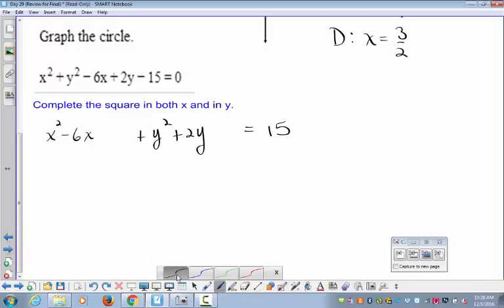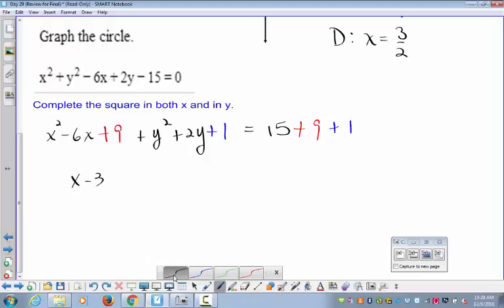What are we going to add to both sides for the x group? 9. What do we add to both sides for the y group? It's 1. We don't have to worry because the coefficients of x squared and y squared are both 1, so we don't have any of that extra multiplication that we have to be concerned with.